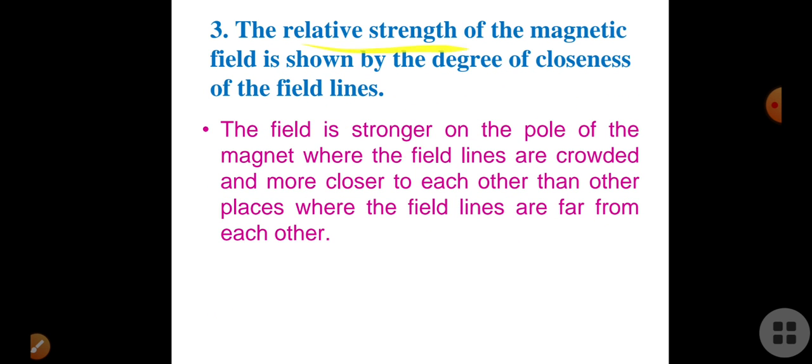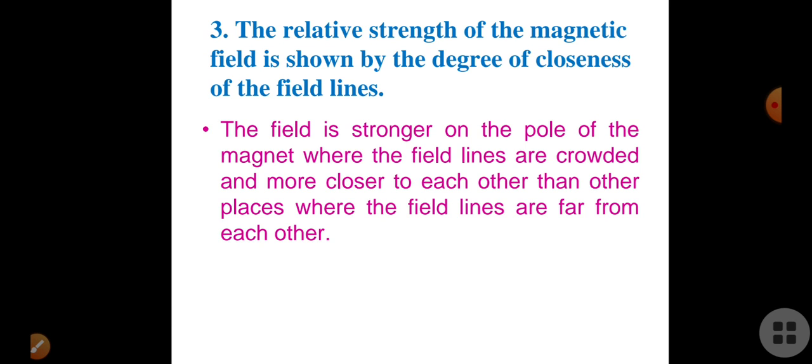Third, the relative strength of the magnetic field is shown by the degree of closeness of the field lines. As we discussed in that figure, these field lines were very close to each other near the poles of the bar magnet, but they were separated from each other at other places. So wherever these field lines are closer, it shows a stronger magnetic field.